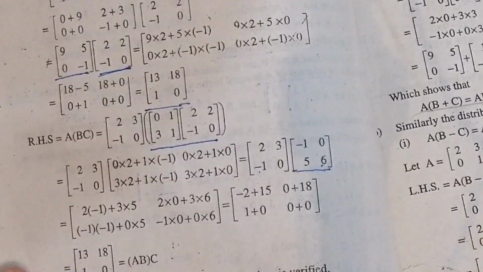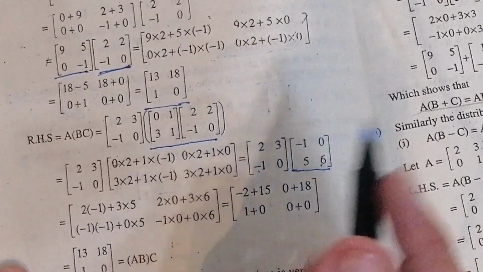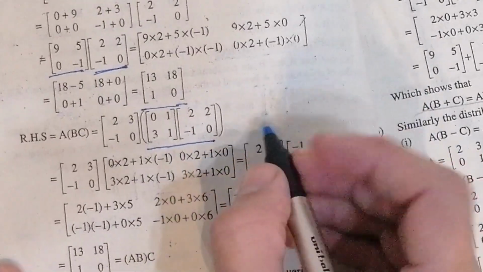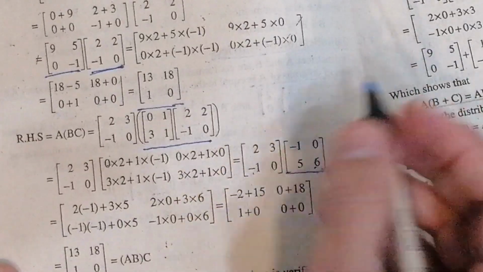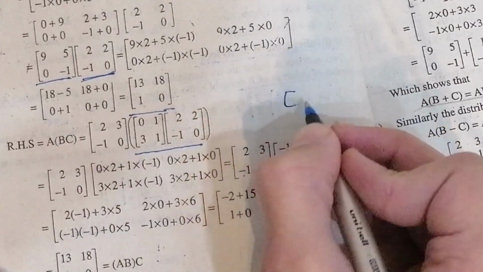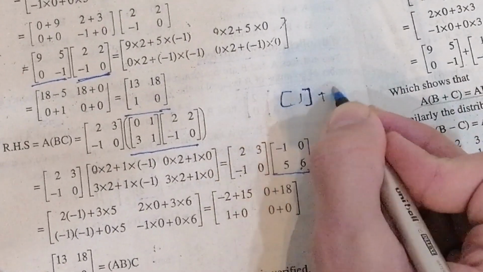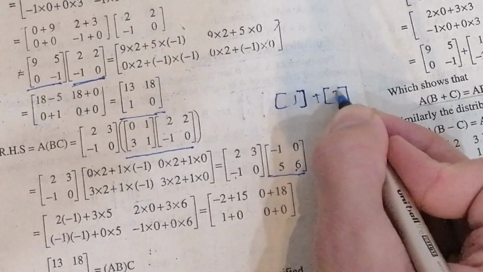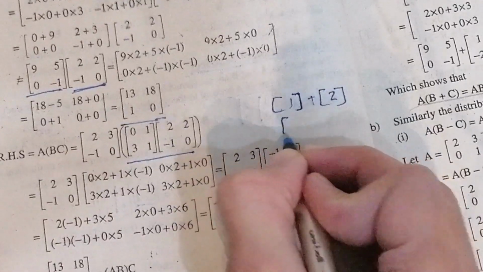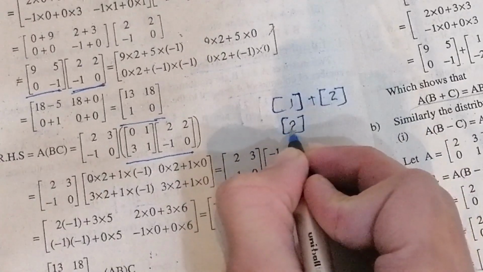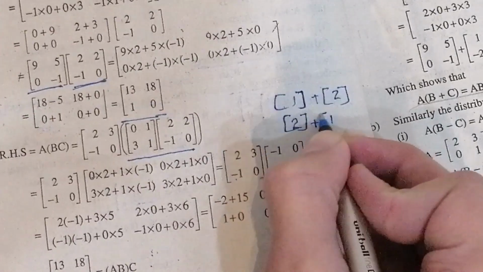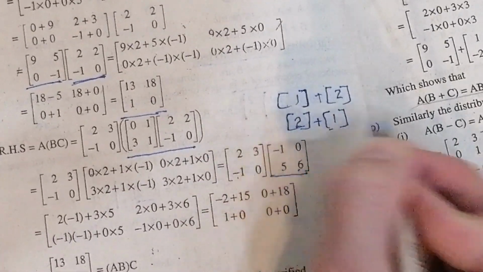Don't forget, in addition we can change the position of matrices. Means if we are writing matrix A plus this matrix, we can also write it like this, plus A. The answer will come same.